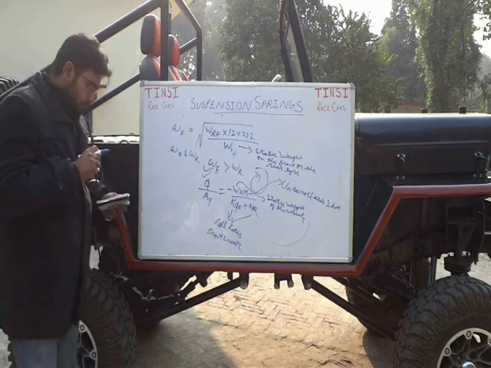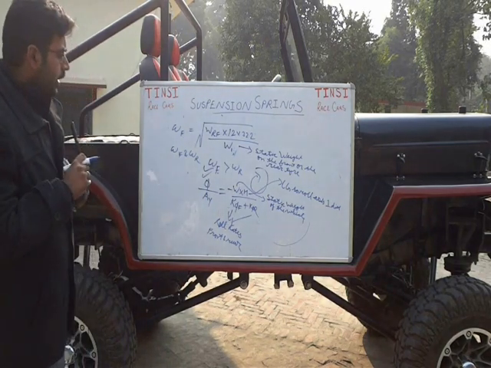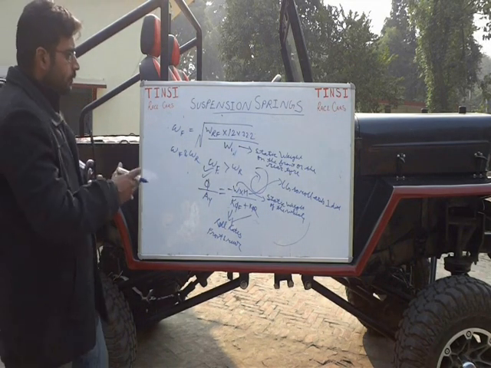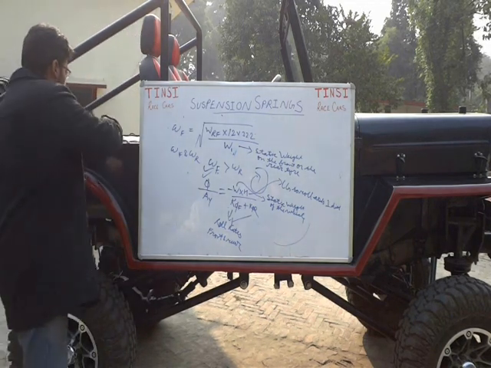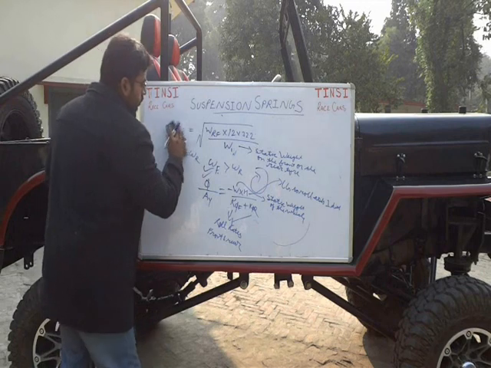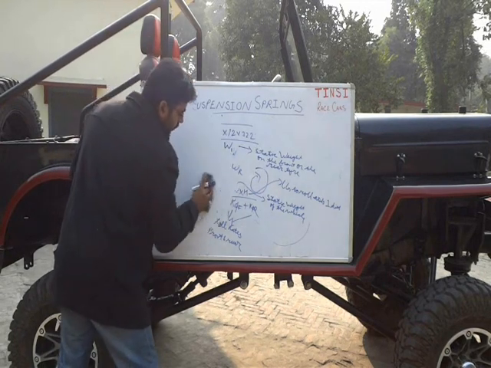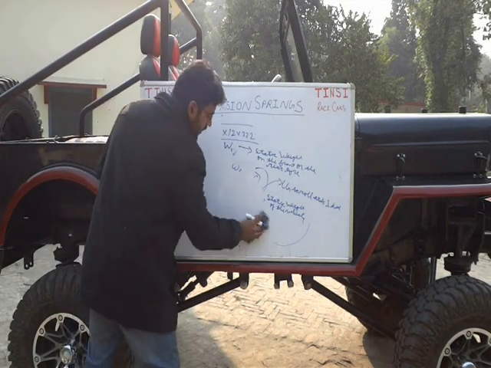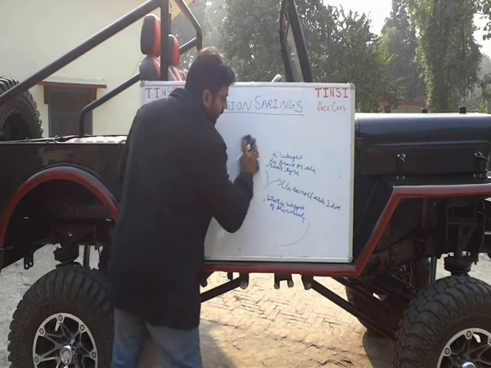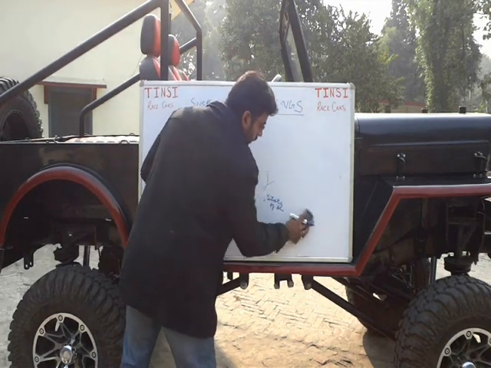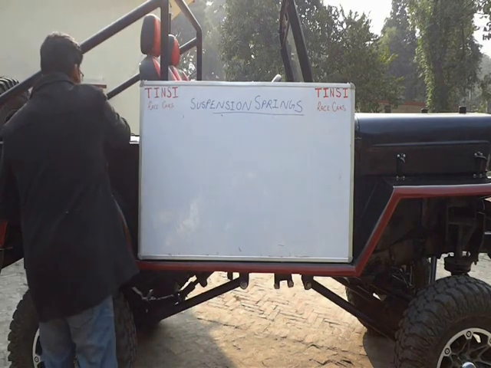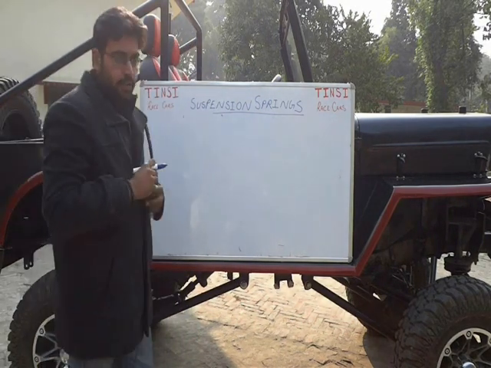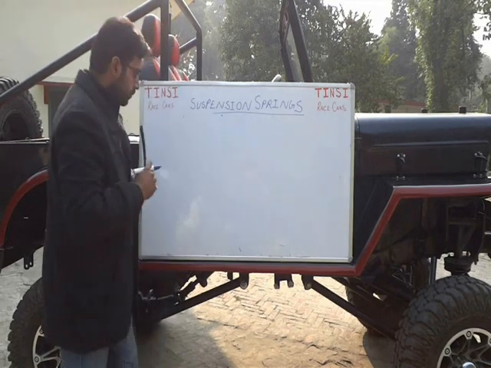So what we do at this point is, we have the ride rates, we have the roll rates, and we have the tire rate, which I explained when we started. So now we need to transfer all these rates to the wheel center. This is again a different rate, called the wheel center rate.